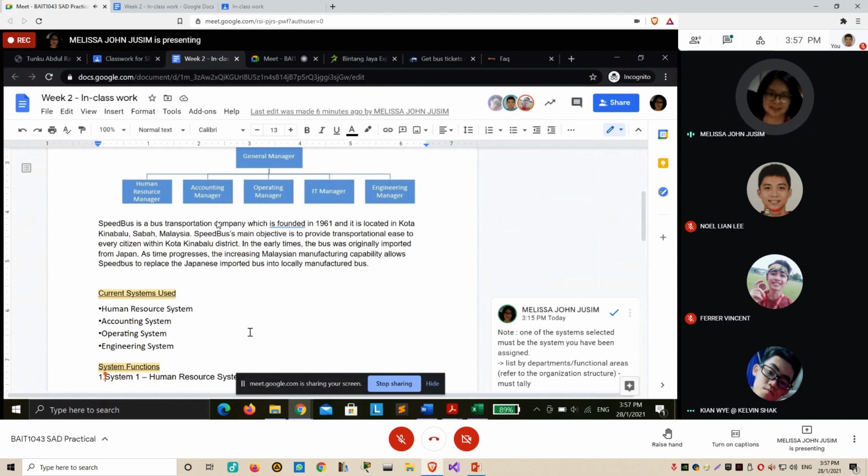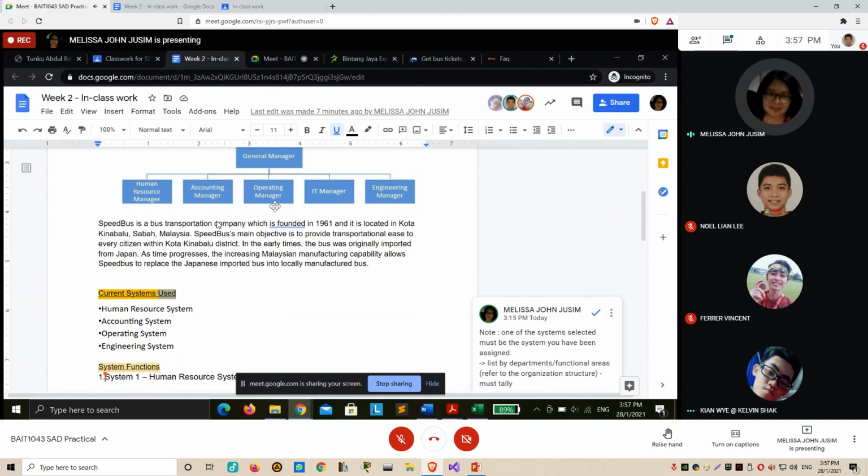The IT department will be involved in the software development, but they are not the user of that system. So if you see here, current system used means who is the user? Which department? They're not responsible for the sales. They just maintain the website and the software.